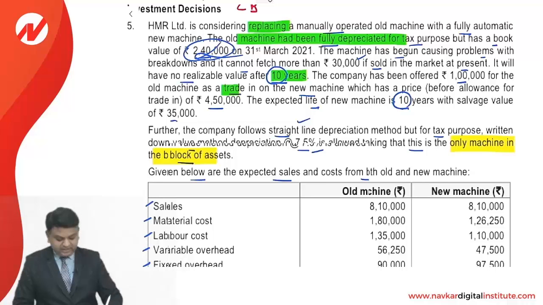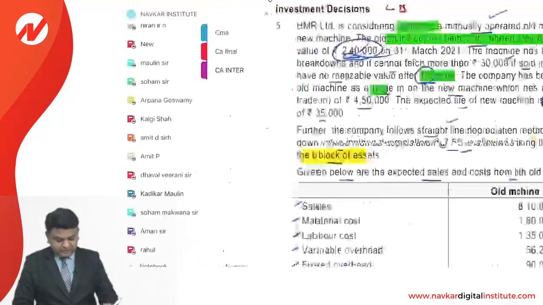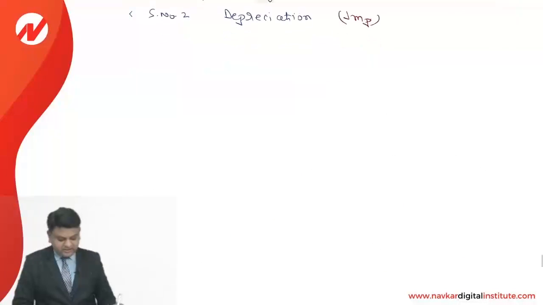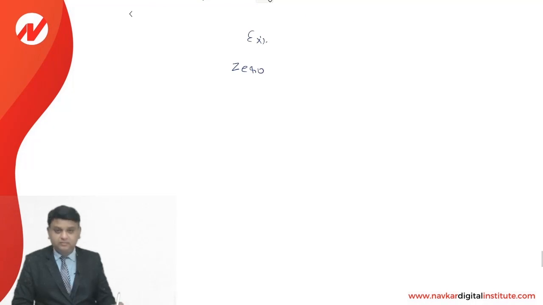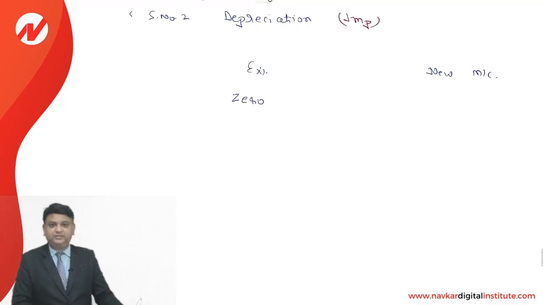Only and only income tax WDV is relevant, which is 0. So if you continue with the existing machinery, the amount of depreciation that you can claim is 0. If you buy the new machinery, then the amount of depreciation that you can claim is what we are going to calculate.